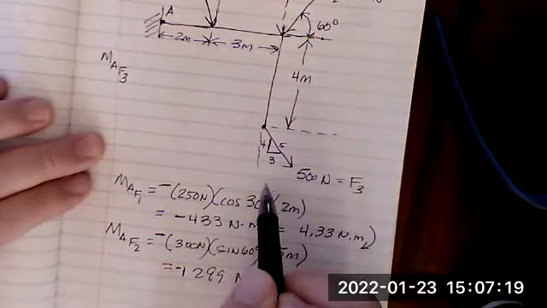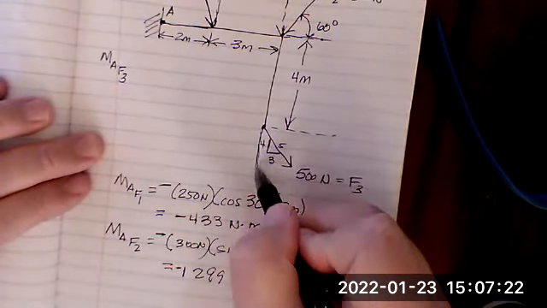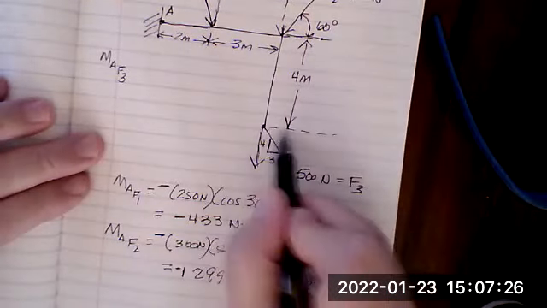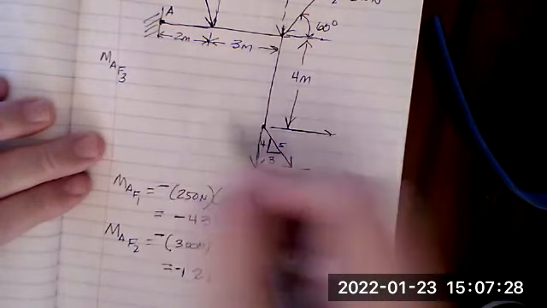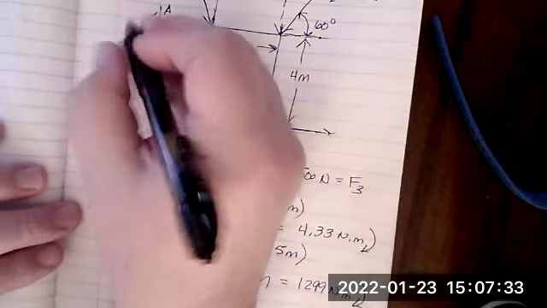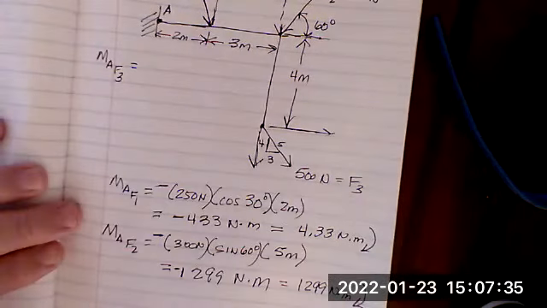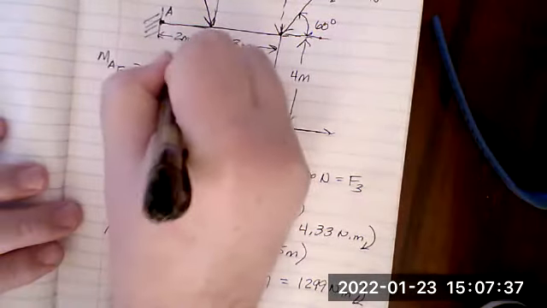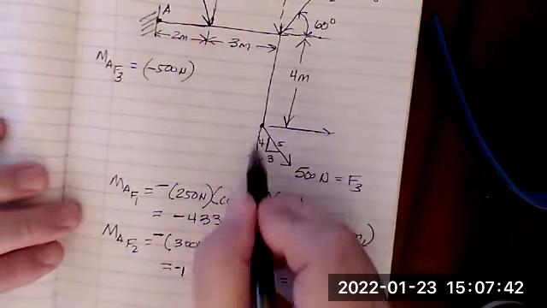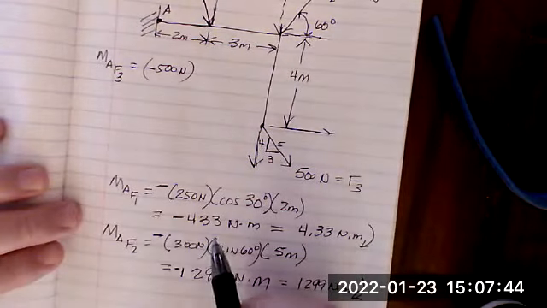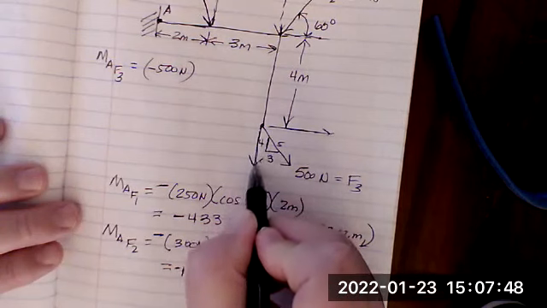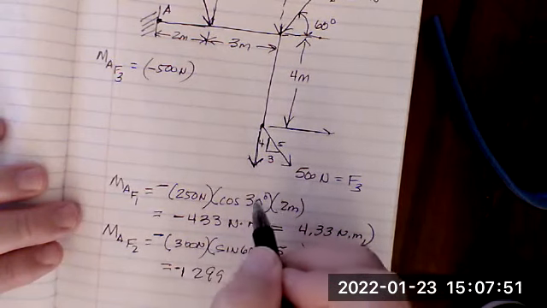The vertical component of this force can cause a clockwise rotation about A. The horizontal component of this force causes a counterclockwise rotation about A. So the vertical one is going to be negative 500 newtons, again because it's going in a clockwise direction, times, all right, so this is the force that's causing the rotation, Fy, if you will.